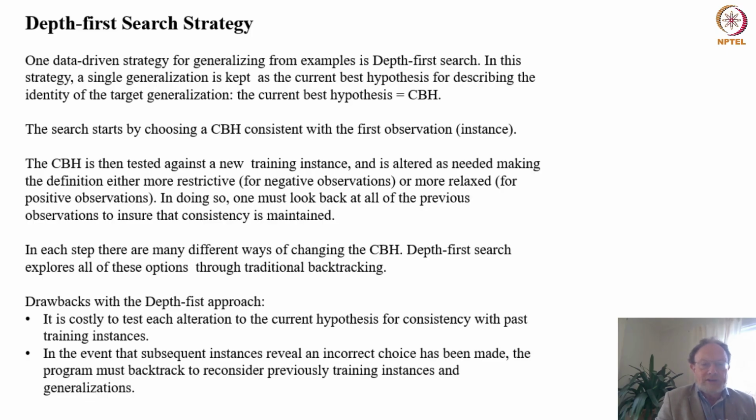So the drawbacks are that it's very costly at every step to check for consistency with all past training instances. And also, if we happen to make the wrong choice at one of these decision points, we have to backtrack, to reconsider the alternative choices at that decision point.